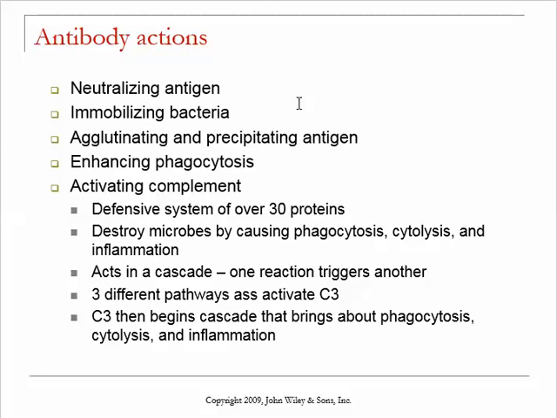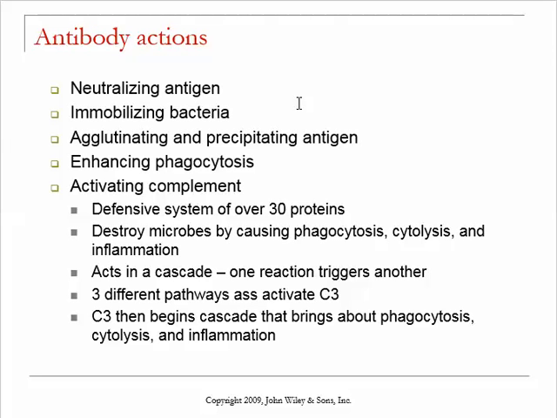And then it activates complement. So back when we were talking about the non-specific, we talked about complement being a series of proteins that get injected into the cell membrane of the microbe and does a few things. One of the things it does is it enhances phagocytosis, opsonization.